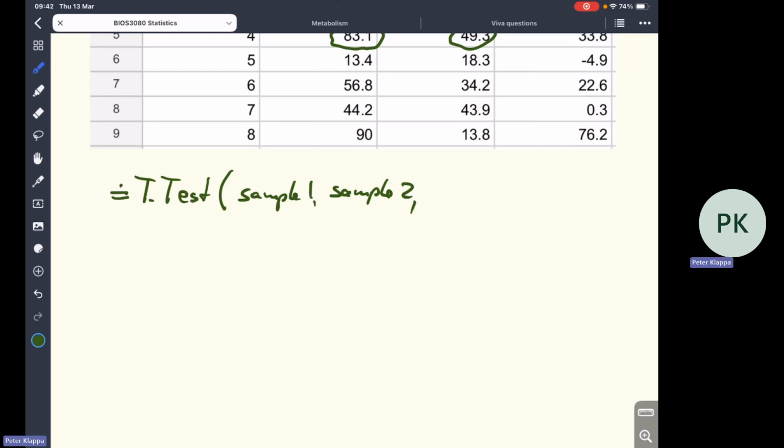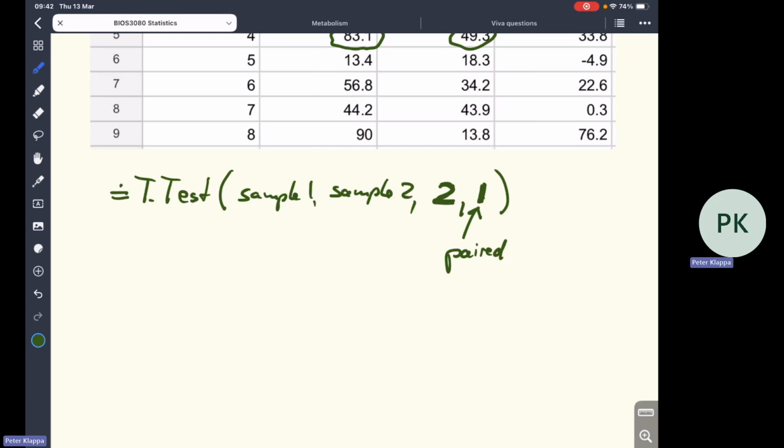We still do a two-tailed test, so we have the 2 here. But instead of the independent Welch test, you put in the number 1. This means paired or matched or independent. And it will do the calculation.